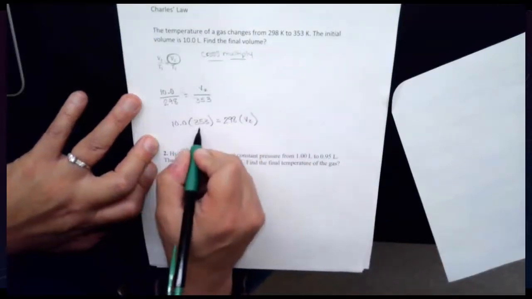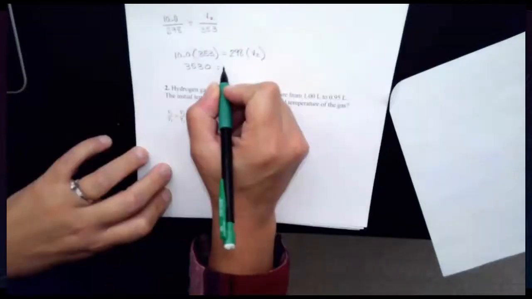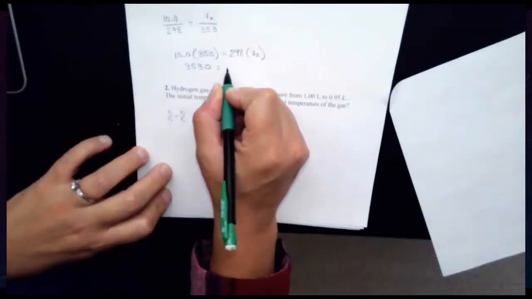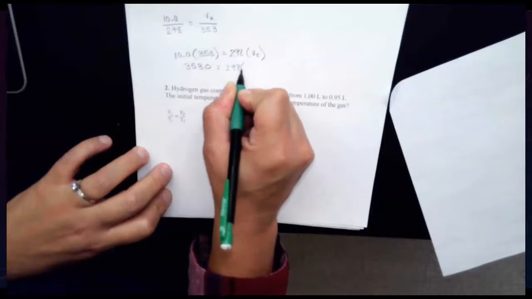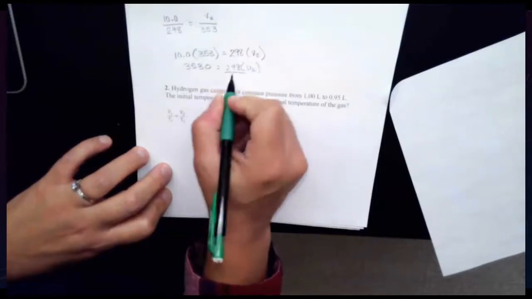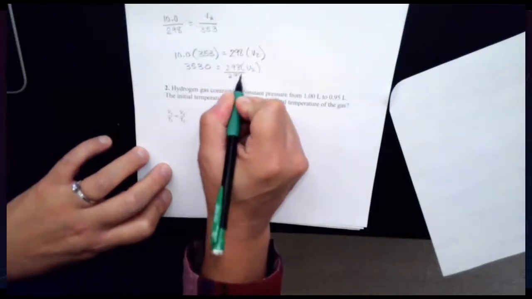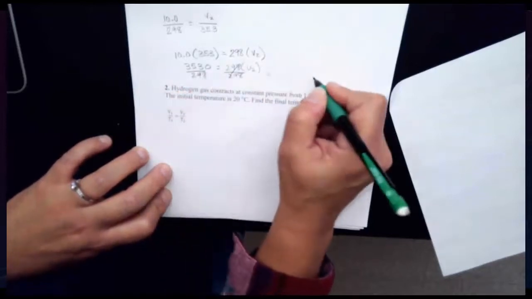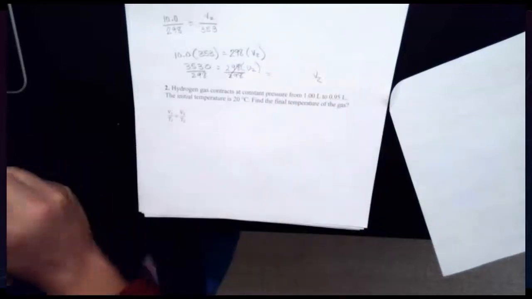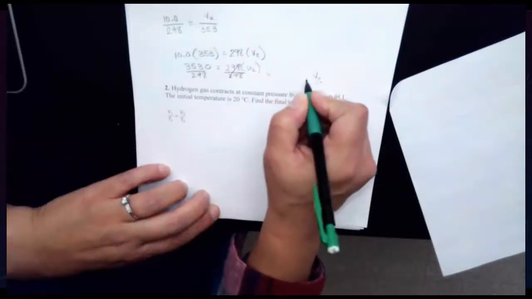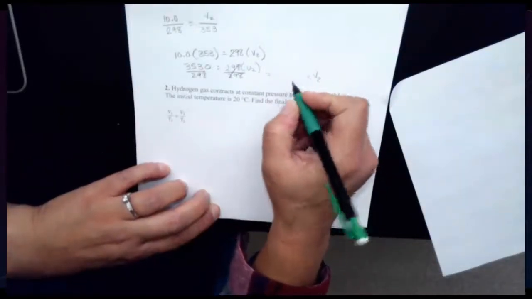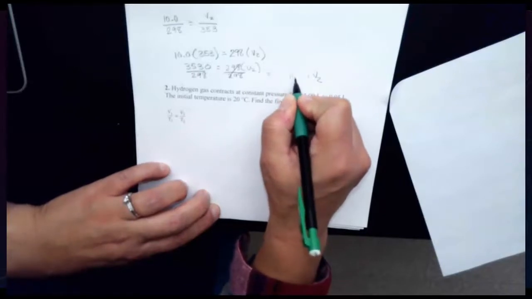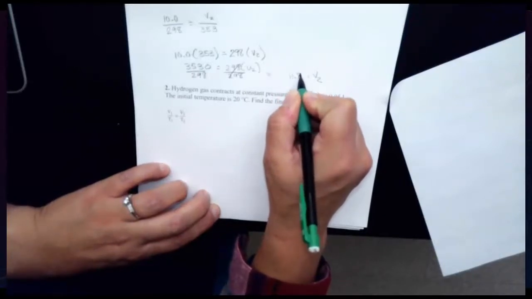So take 10 times 353, 3530, divided by 298, to get V final. And you're going to end up with your final volume, I keep saying velocity, but it's volume, as 11.845.